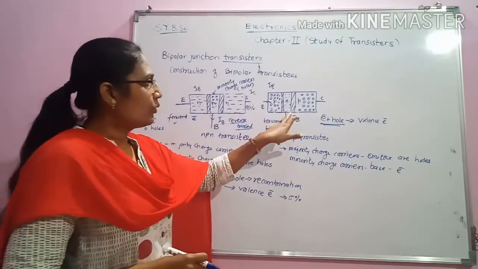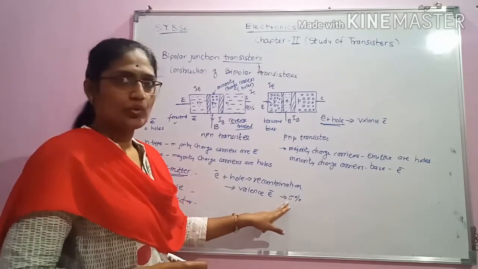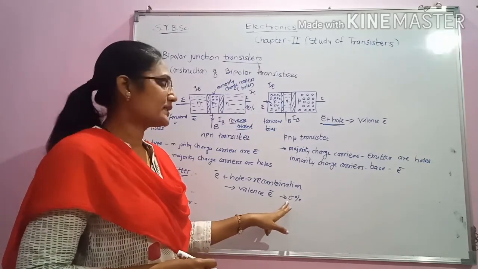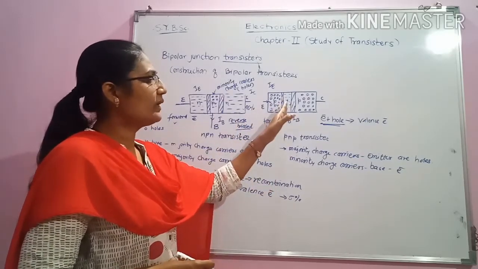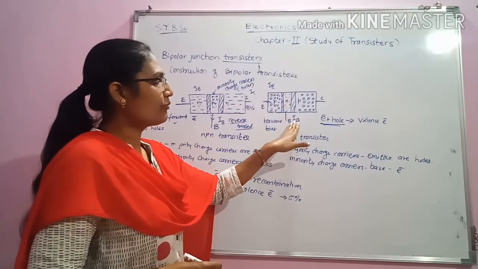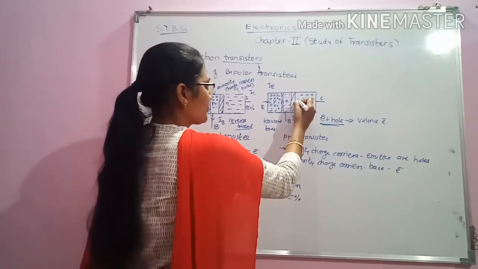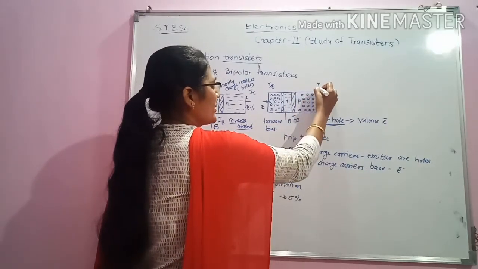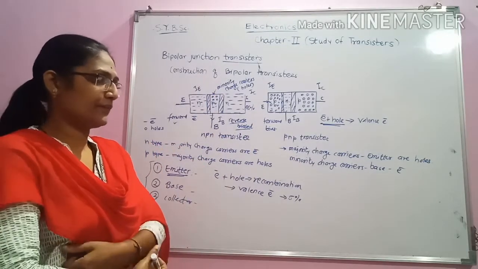Now, we have seen here that about 5% electron hole recombination takes place and 95% of holes will transmit through this N type base, and therefore there will be generation of a current, and that is called collector current.